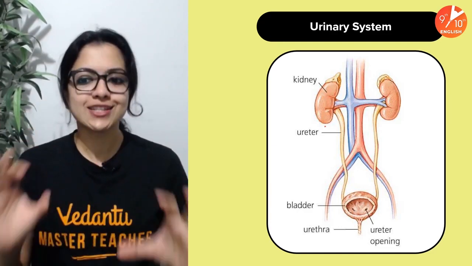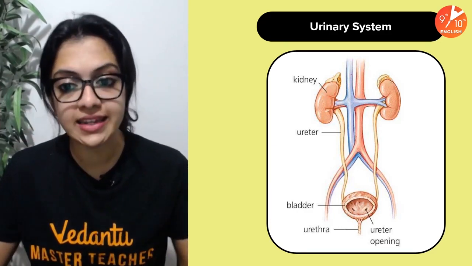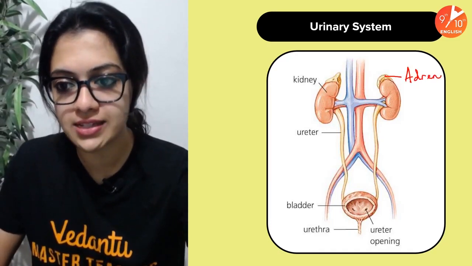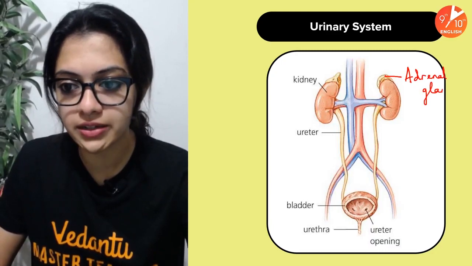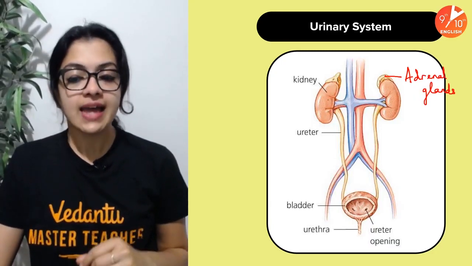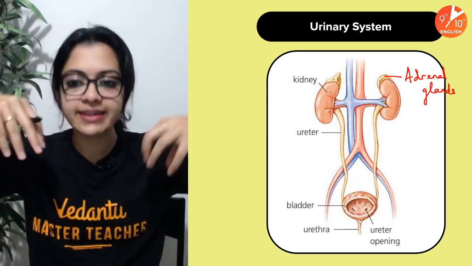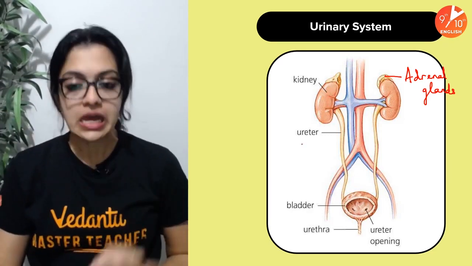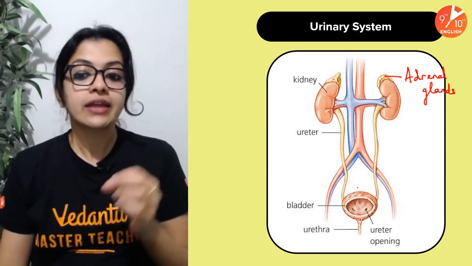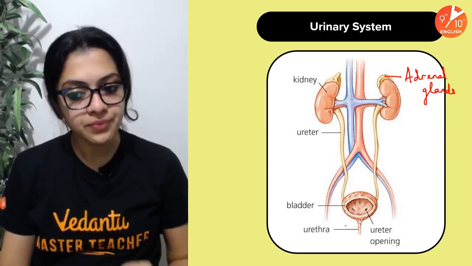Of course, it starts with the kidneys, and on top of the kidneys, what you see here are the adrenal glands. Not something that you need for this chapter, but something that you certainly must know, part of the endocrine system. So adrenal glands are found seated like a cap on top of the kidneys. So you have a pair of kidneys, and there is a pair of ureters, the urinary bladder, the urethra.